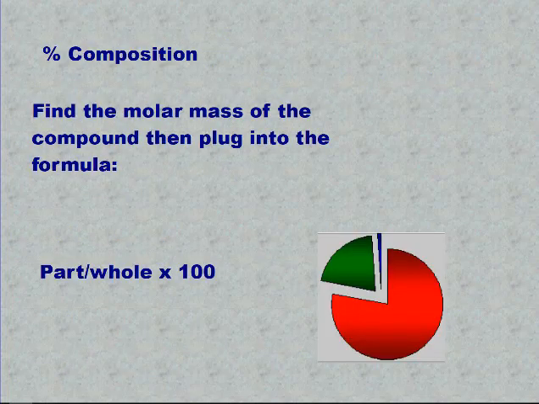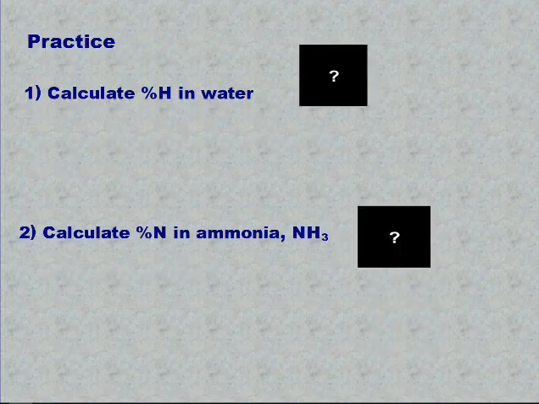Percent composition is part over whole times 100. So whichever element you're trying to find the percent comp of, it's molar mass from the compound over total mass. So find the molar mass of the entire compound, and then we'll use that formula. So for instance, if we are trying to calculate the percent hydrogen in water, we first write the formula.